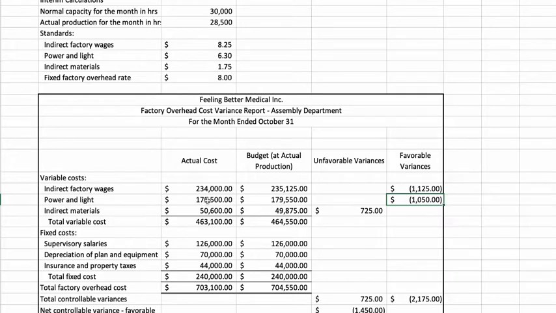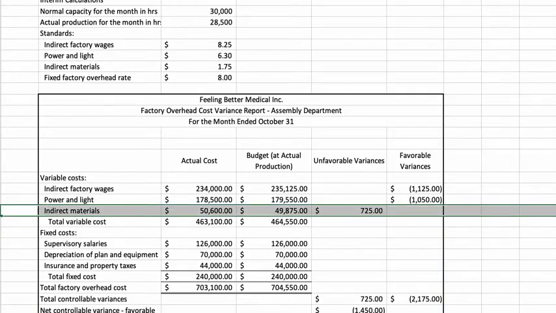For power and light, I budgeted $178,500. But again, I'm picking up the $6.30 and I'm multiplying it by the 28,500, and that gives me the $179,550. Again, I take the difference between these two, and I have a variance.